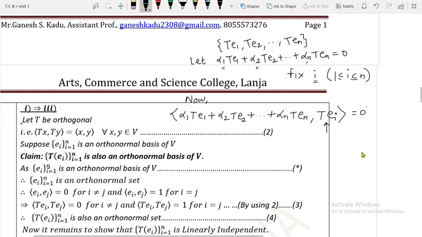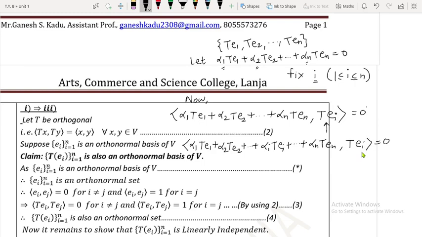So therefore that is nothing but this is same as alpha 1 T of e1 plus alpha 2 T of e2 and this is continued, आणि कुठेतरी काय असणार आहे, alpha i T of ei plus so on plus alpha n T of en, comma, T of ei, which is equal to 0.